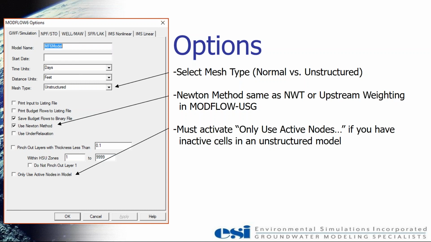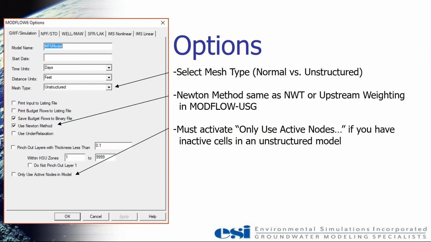And this is the one that keeps grid cells from going permanently dry. It maintains a very small amount of saturation so that they can seamlessly resaturate later in the run if necessary. So if you're comparing the results of MODFLOW 6 to a MODFLOW NWT run or to a MODFLOW USG run that used upstream weighting, then you would want to turn that option on.